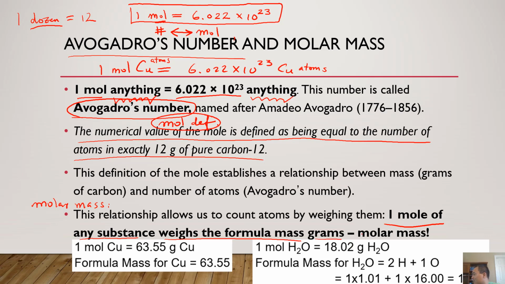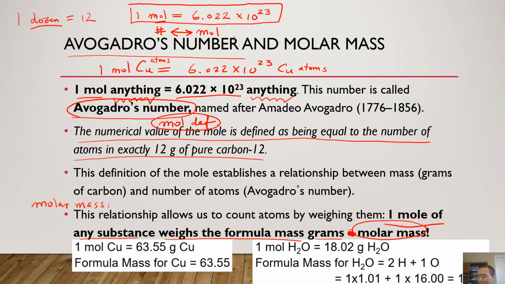This is not minus, this is just a dash over there. So this is so-called molar mass. I'm going to say it one more time. Molar mass tells you how many grams of any substance are inside 1 mole of that sample.